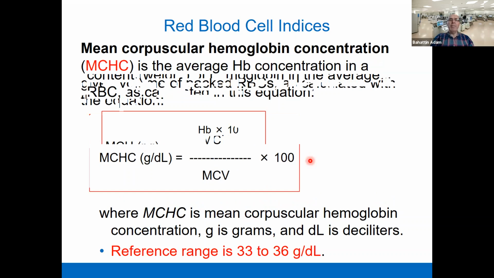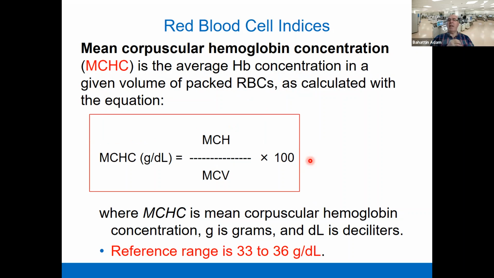And here we have the mean corpuscular hemoglobin concentration, the average hemoglobin concentration in a given volume of packed red blood cells, as calculated with this equation: the mean corpuscular hemoglobin divided by the mean corpuscular volume of the erythrocytes, then multiplied by 100. And you see the reference range.